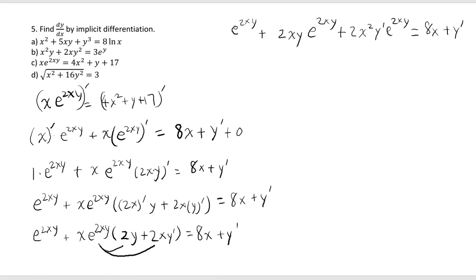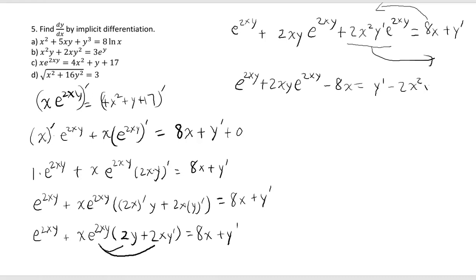Okay, so this one has y prime, which should be moved, and this one doesn't have y prime, which should be moved. So that now I have on the left side all the terms that don't include y prime, whereas on the right side, I have all the terms that include y prime.